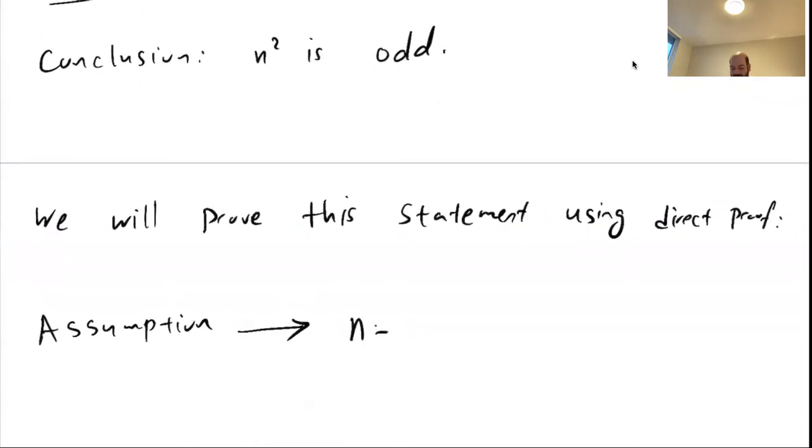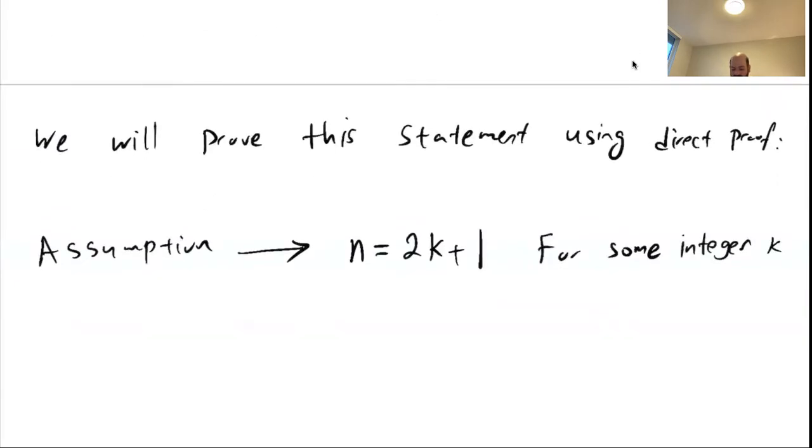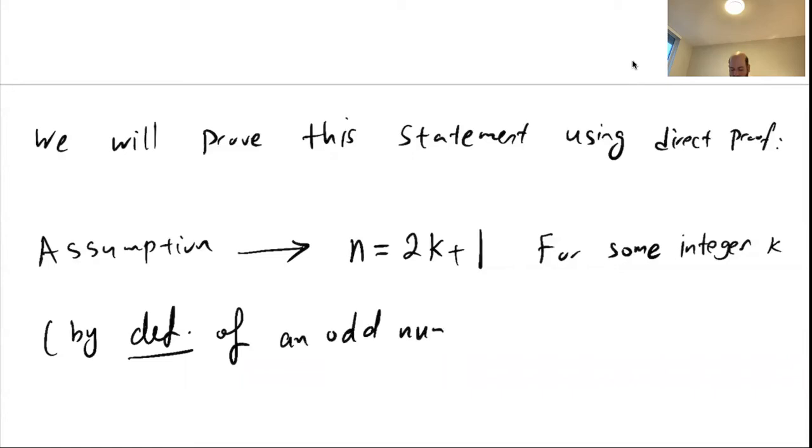The definition of an odd number is any number of the form 2k plus 1 for some integer k, by definition of an odd number. So far we already used the definition of an odd number.